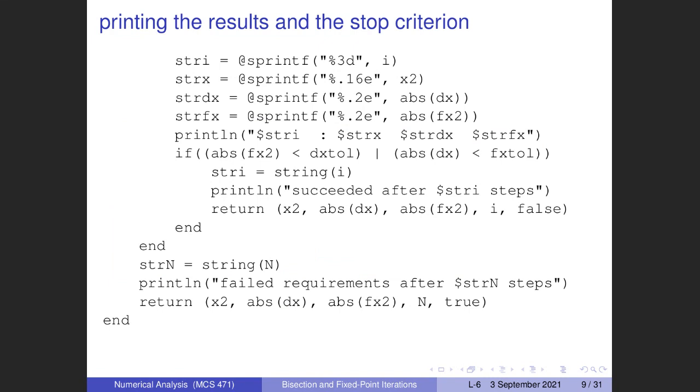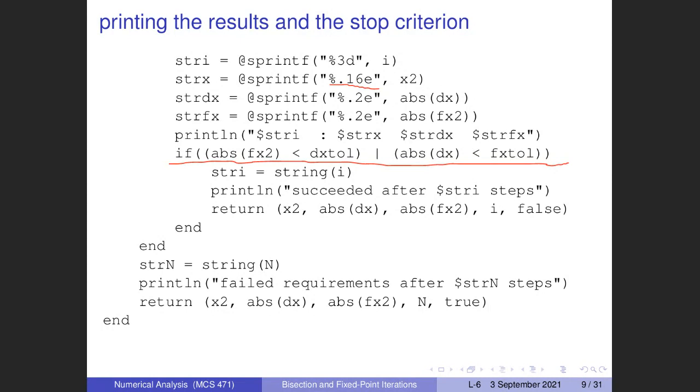All right, then the other important part is the stop criterion. There is already the stop criterion in the for loop, so we will never go on to infinity. We check the stop criterion, and then there's also the printing. We print what we are interested in, the value of the root to its fullest precision in scientific notation.